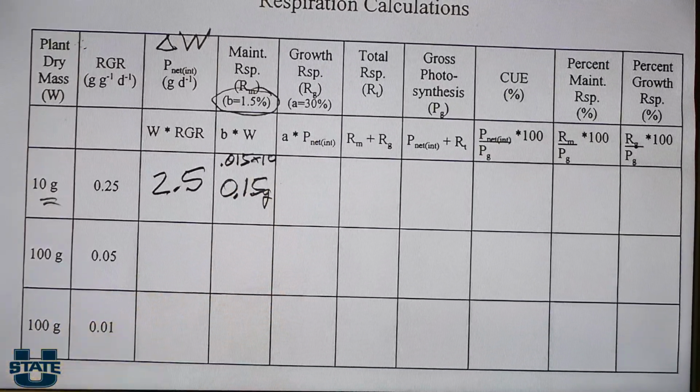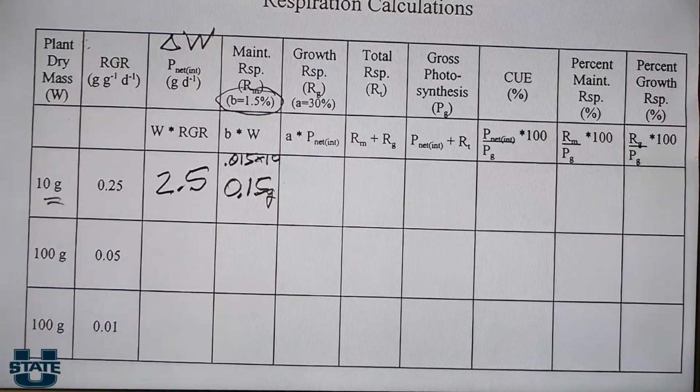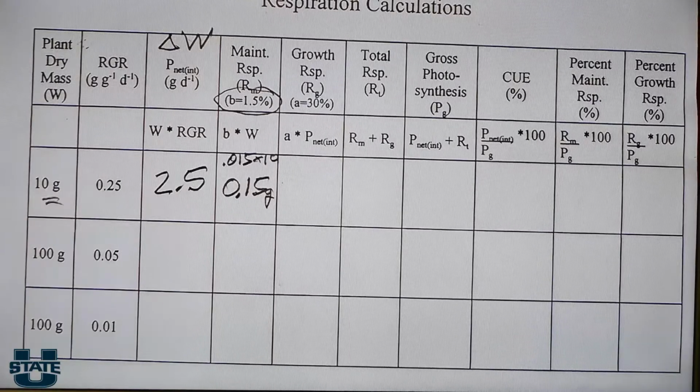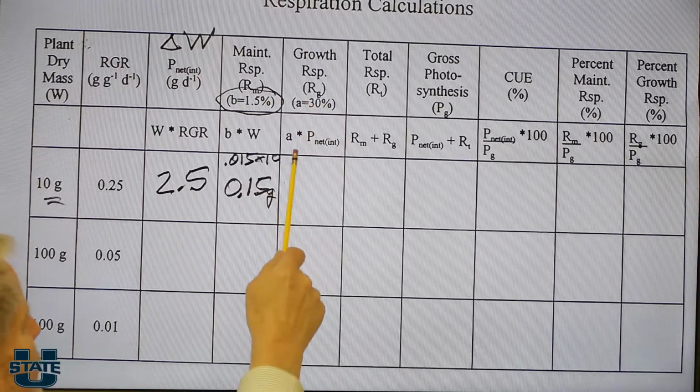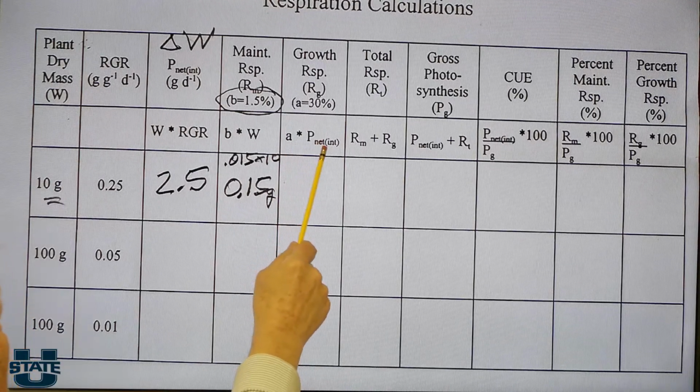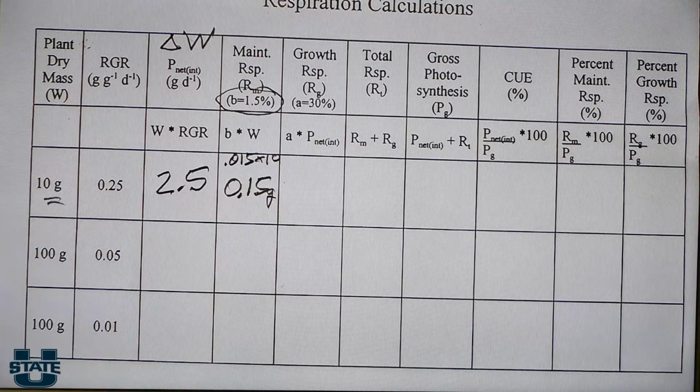Now let's do growth. Now we're assuming 30%. So pretty typical value for growth respiration. So this growth respiration tax is paid on this new growth right here.